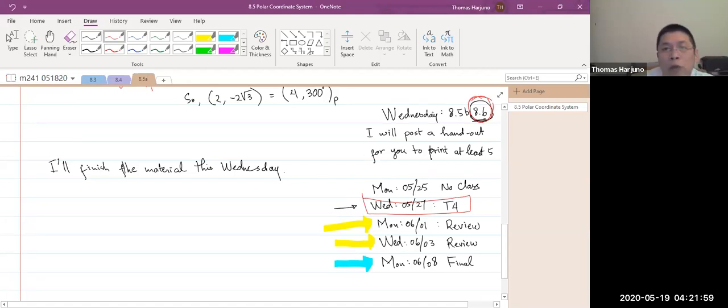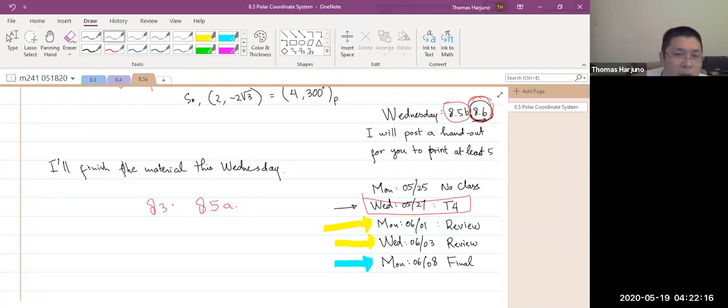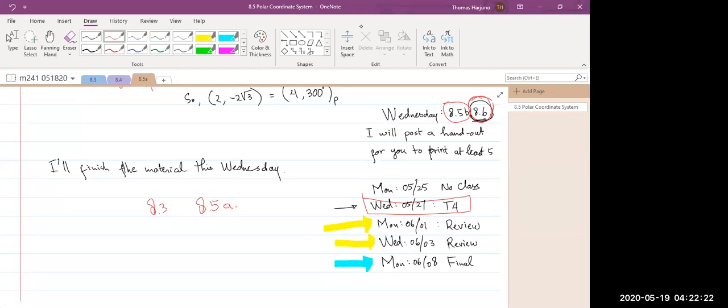That's why I want you to focus on 8.5a and 8.3. You can do 8.4 later if you want to. But of course, if you have time, because 8.3 and 8.5a are easy, then go with 8.4. Test 4 is where you're going to be graded on 7.5.